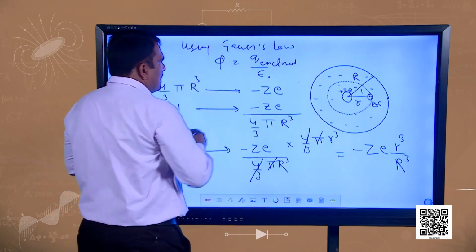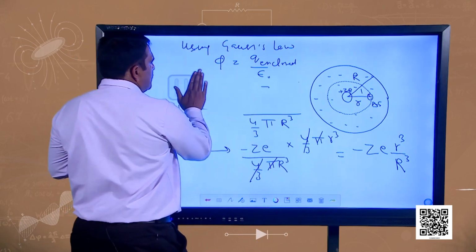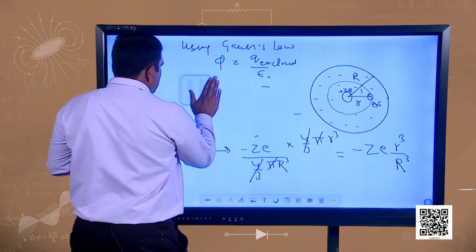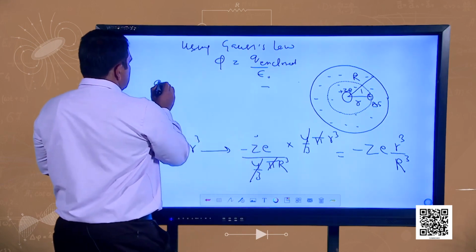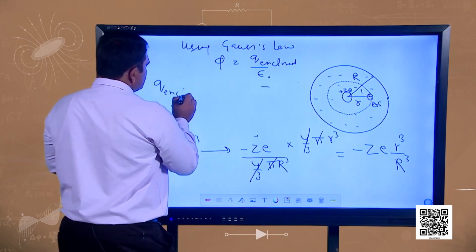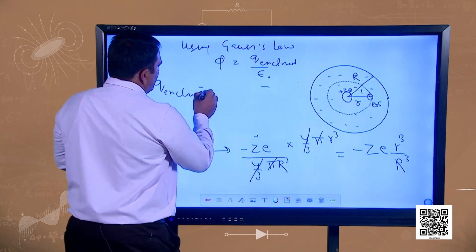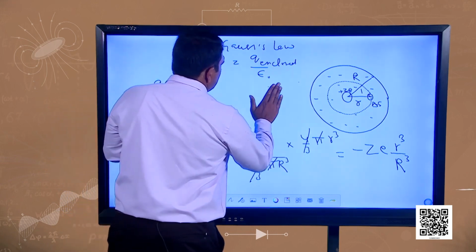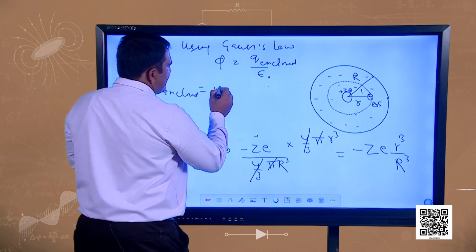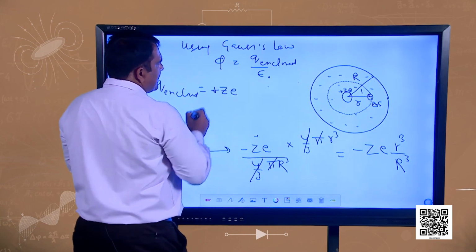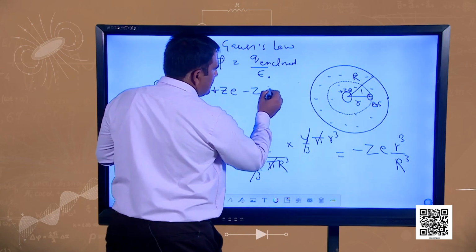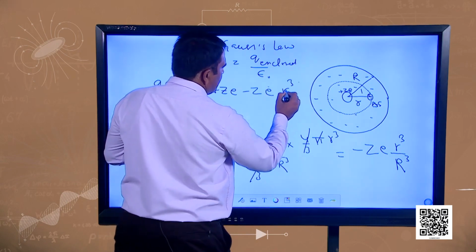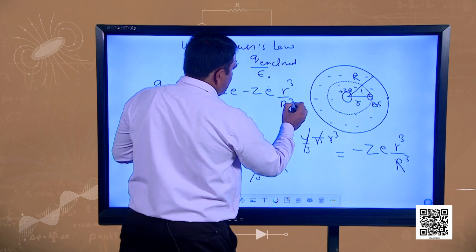So now we can find the total amount of charge enclosed. Q enclosed will be equal to the positive charge of nucleus, that is plus ZE, and the negative charge, this one, that is minus ZE r cube by capital R cube.